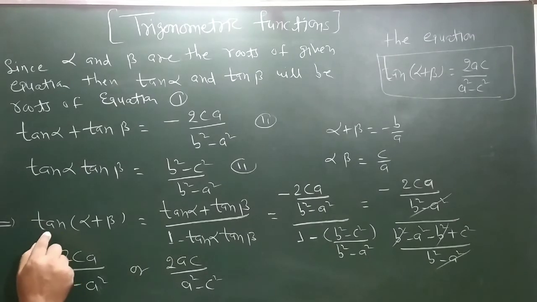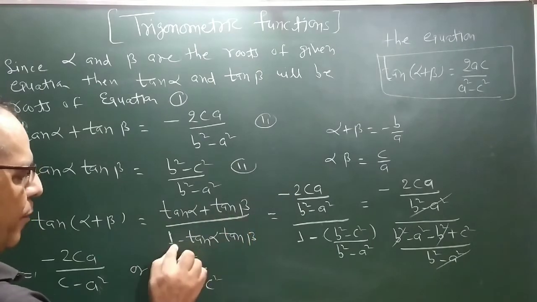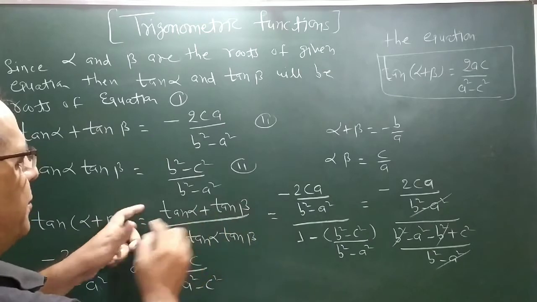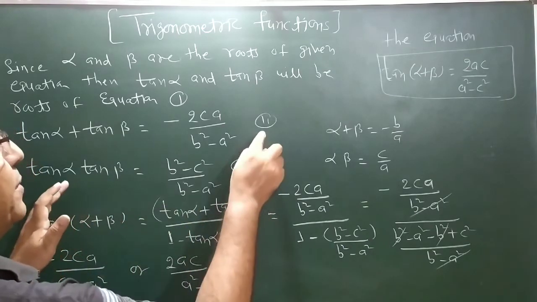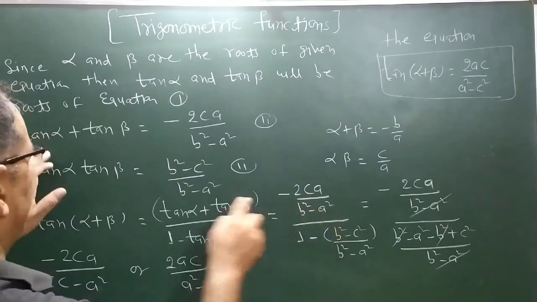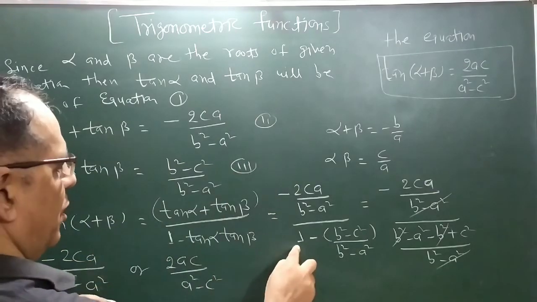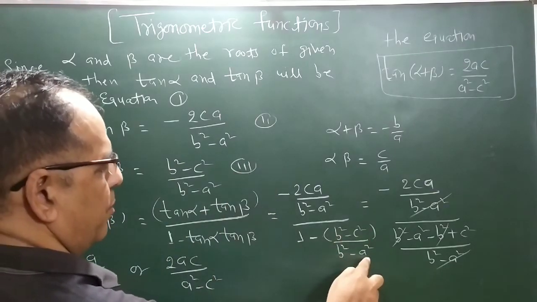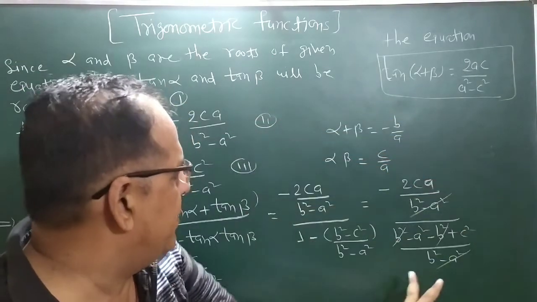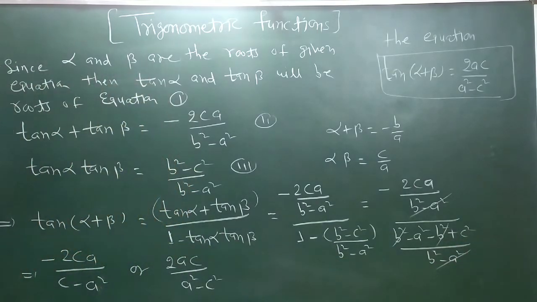So here tan alpha plus beta equal to tan alpha plus tan beta upon 1 minus tan alpha tan beta. This is the identity of tan alpha plus beta. Now put the value of tan alpha plus tan beta from equation number 2, minus 2ca upon b square minus a square, and put the value of tan alpha into tan beta from equation 3rd, 1 minus b square minus c square upon b square minus a square. Numerator is the same here, but the denominator after LCM becomes b square minus a square minus b square plus c square upon b square minus a square.